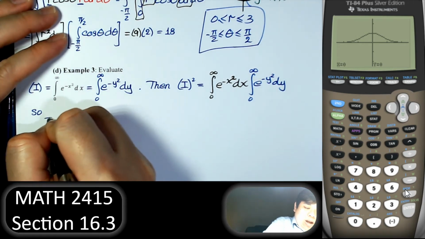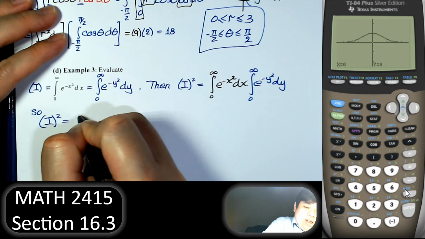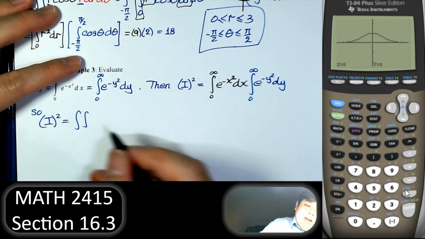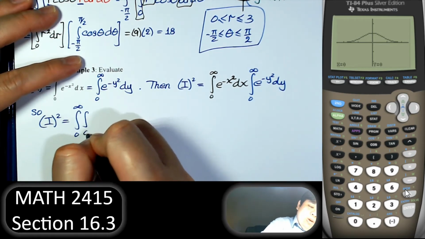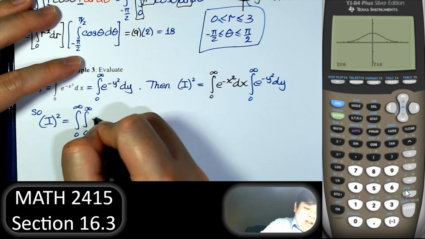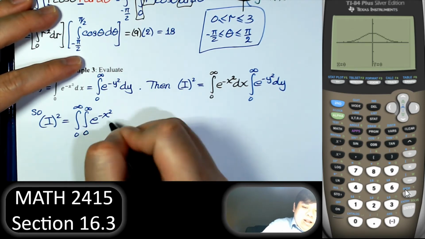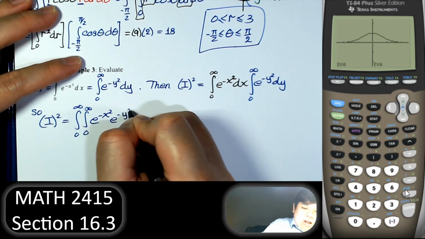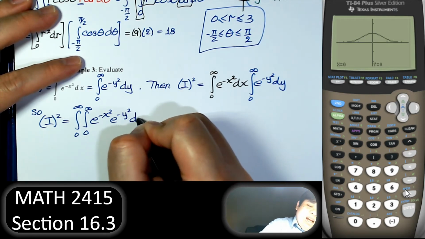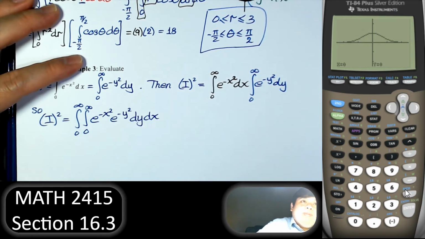So we have I squared equal to the double integral from 0 to infinity, 0 to infinity, of e to the negative x squared times e to the negative y squared, dy dx or dx dy, doesn't matter.